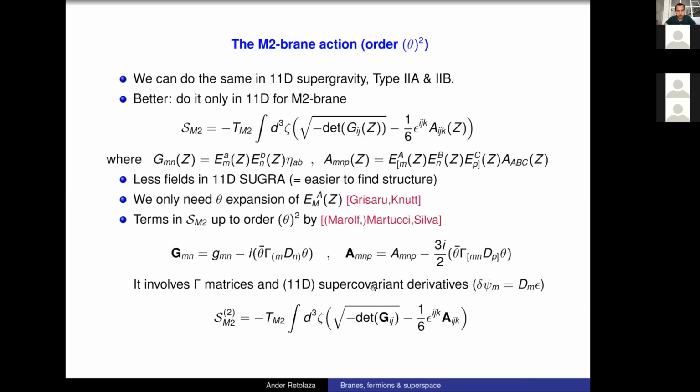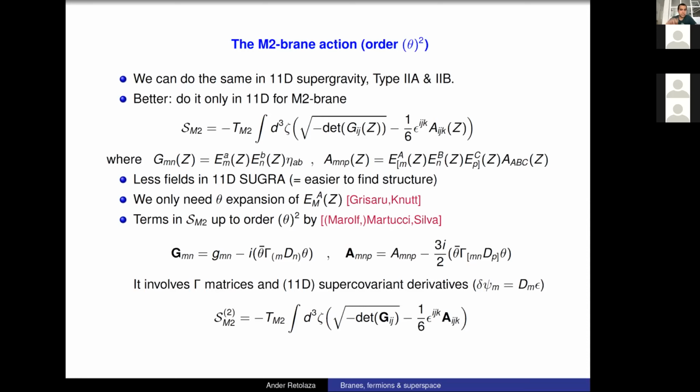So in a very compact way, you can just write the action as you see here with this metric superfield and this 3-form superfield, and you can just perform the Taylor expansion using these expressions, and from there you read off what the brane action is going to be at order 2 in fermions.